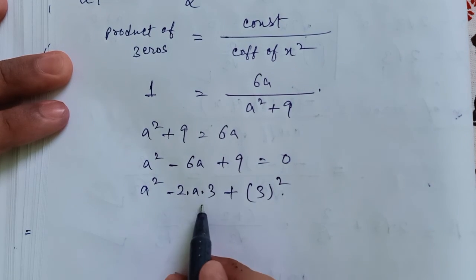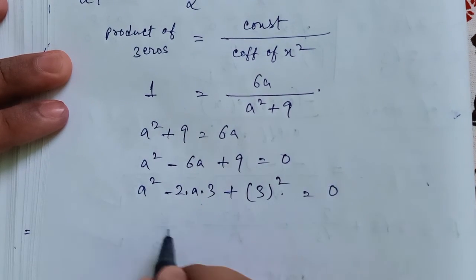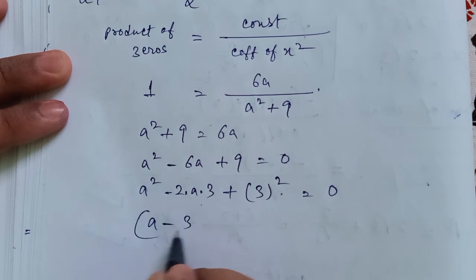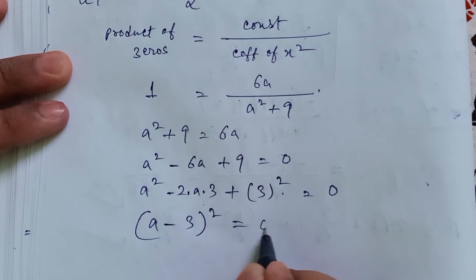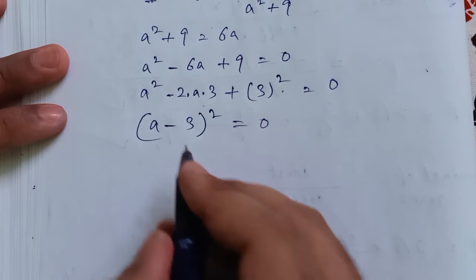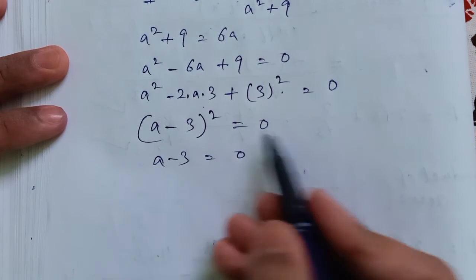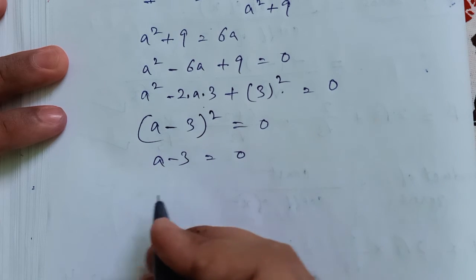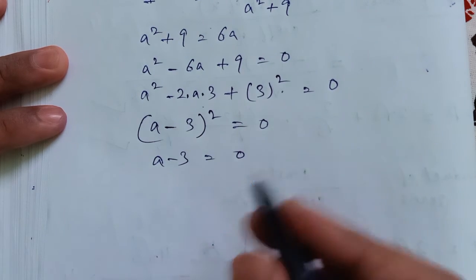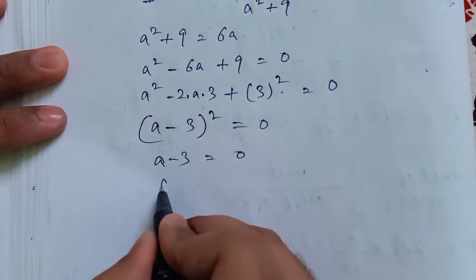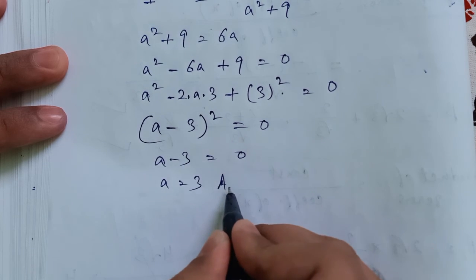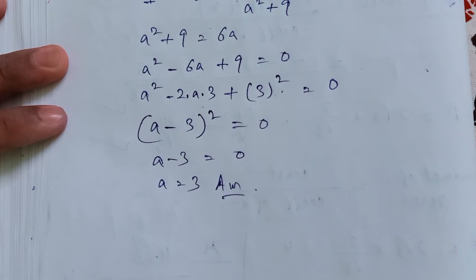So a square minus 2ab plus b square is nothing but a minus b whole square, equal to 0. Then a minus 3 will be 0 if you take the under root on both the sides. So a will be 3. This is your required answer.